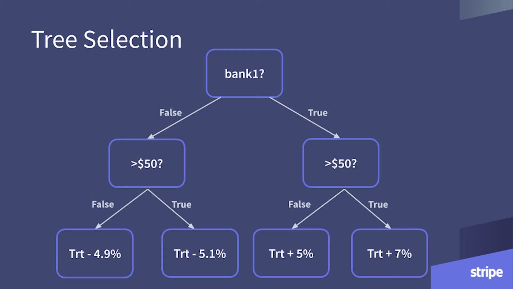But to constrain overfitting in this case, we use cross-validation within that training data set to choose the hyperparameters that'll control tree depth. And so we'll select the hyperparameters that give us the tree that allows us to most accurately predict treatment effect.